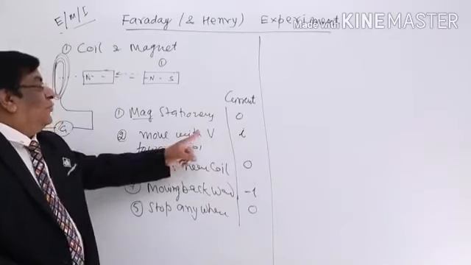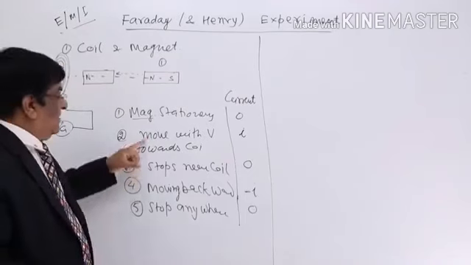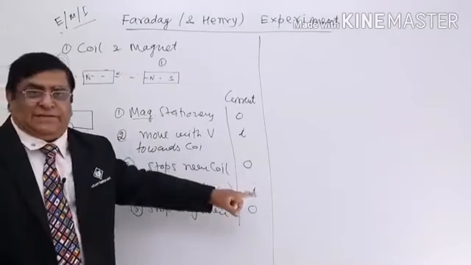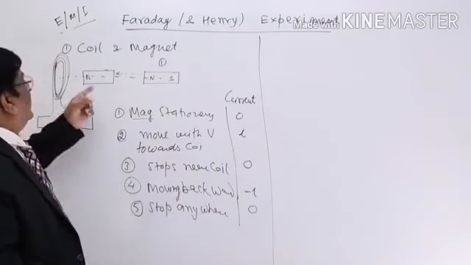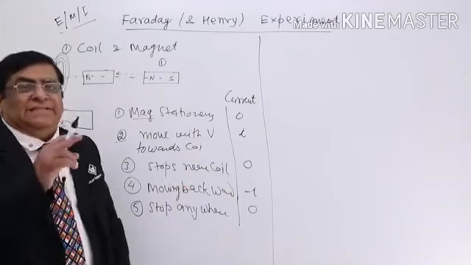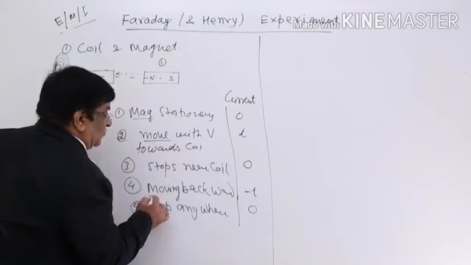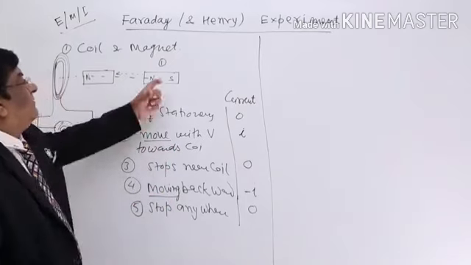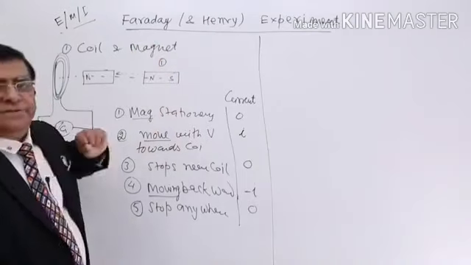And if it is in motion, whether towards the coil or away from the coil, in both cases there is current. The only difference is the direction of current, either clockwise or anti-clockwise, but the necessary condition for the current flowing is the movement. Only a moving magnet can produce the current. This was the first part of the experiment.